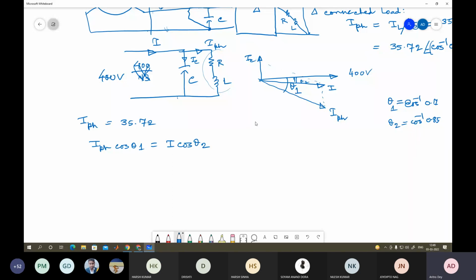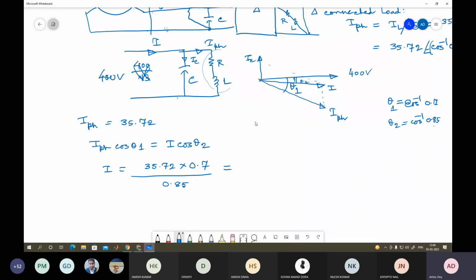Your I phase is 35.72. Cos theta 1 you can find out from here, and cos theta 2 you can find out because theta 2 is also given. So we can write this I is equal to I phase, 35.72, into cos theta 1, which is 0.7, divided by 0.85.